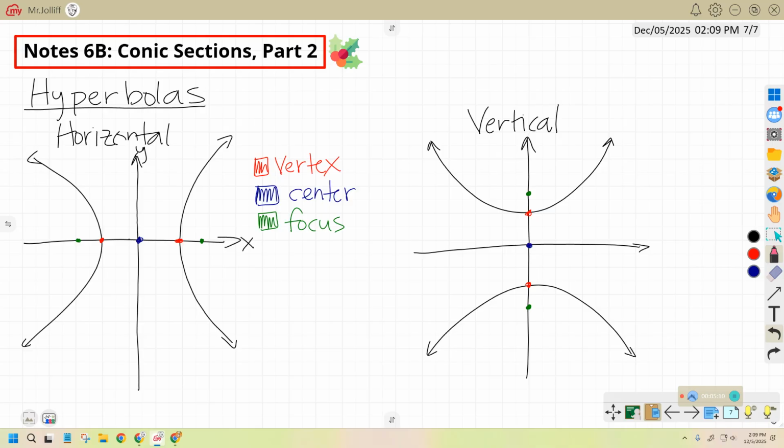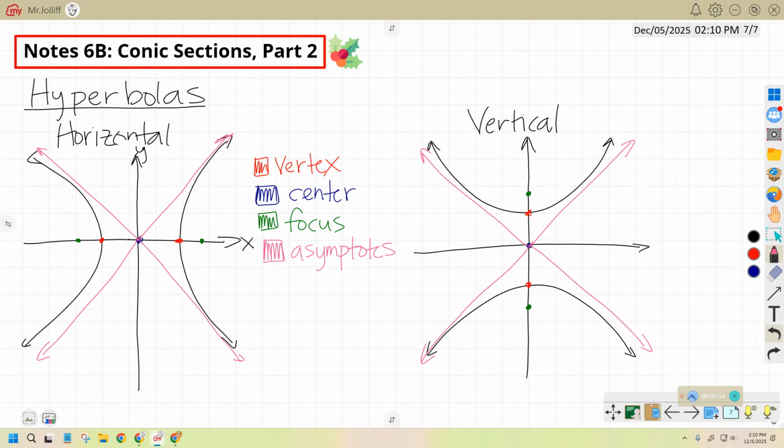Unlike all of the other shapes that we've drawn for conic sections, these guys have asymptotes. There's two asymptotes, and those two asymptotes form an X that bounds that curve.